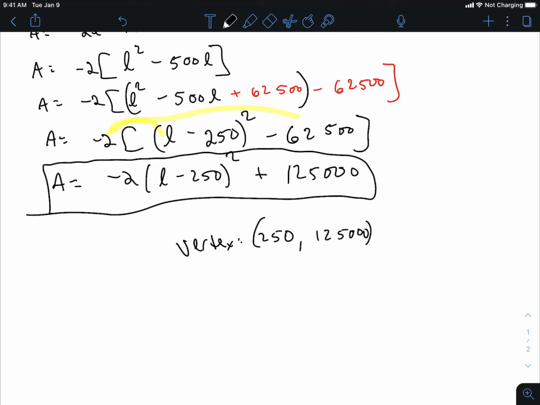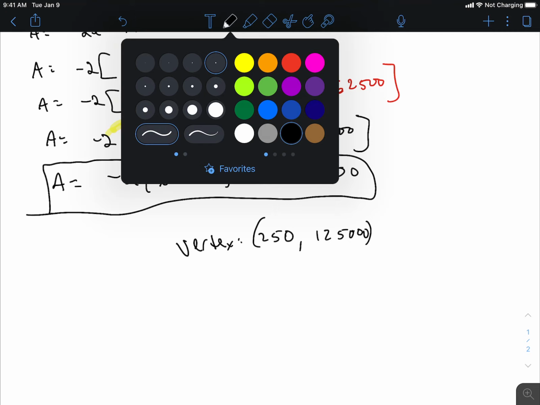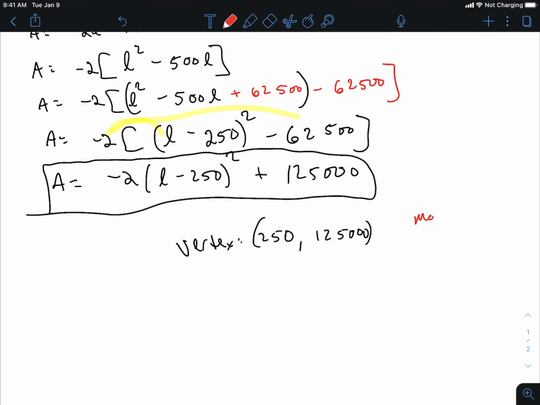What's the maximum area? It's the Y term. Max area is 125,000. Did they give us units in there? Feet. Can't have squared bananas.